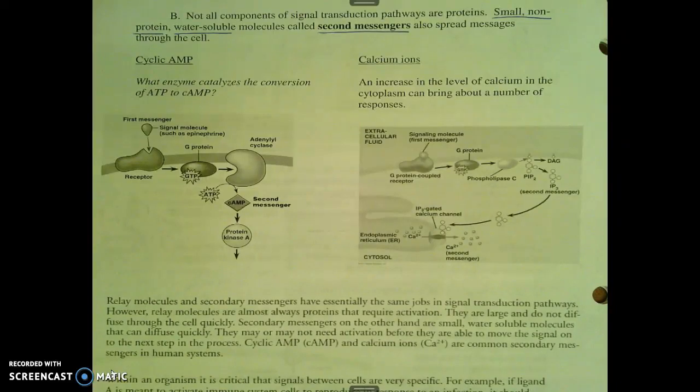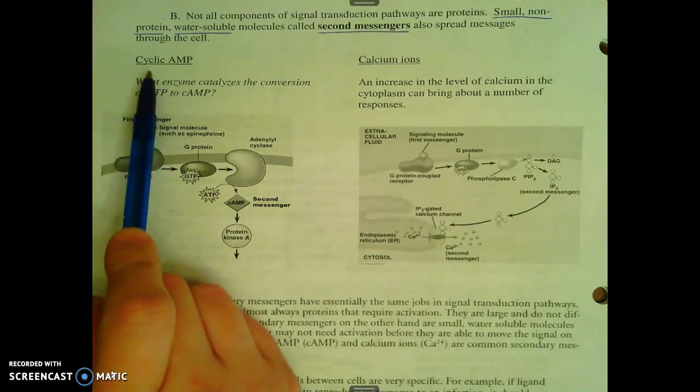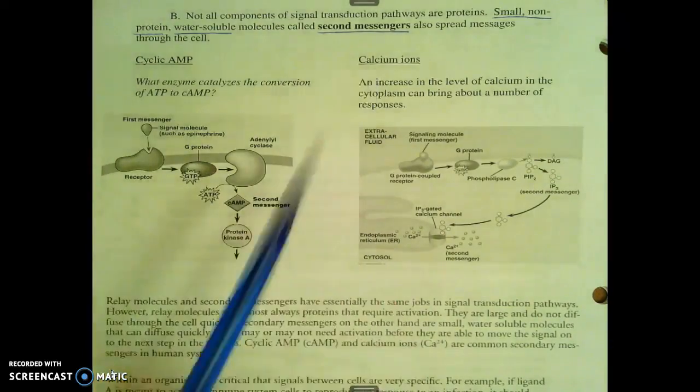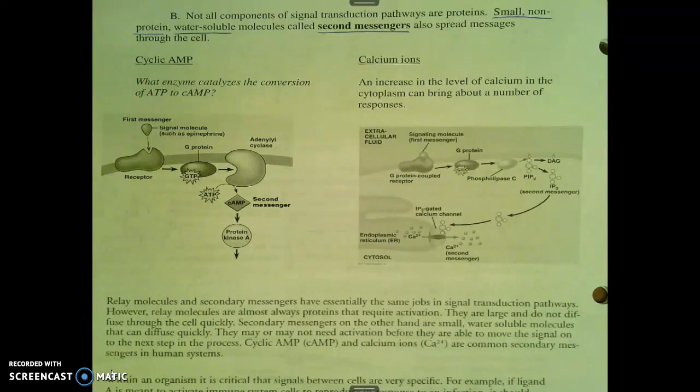These can also help with that transduction stage, spreading messages through the cell. Two great examples of these non-protein components are cyclic AMP and calcium ions.